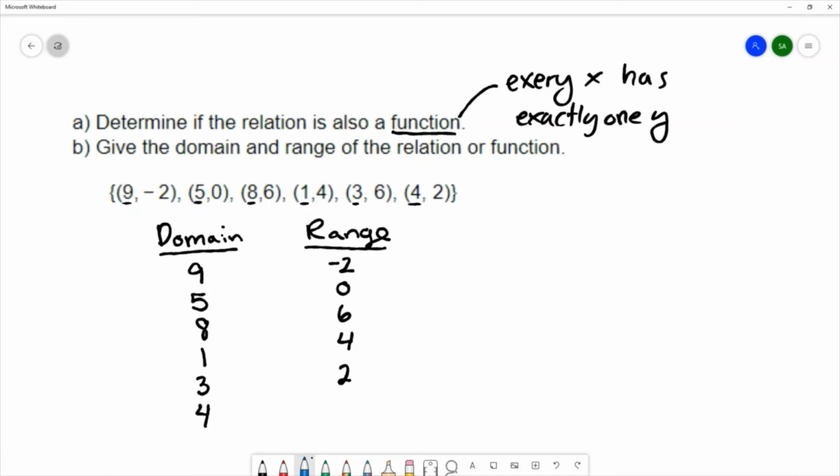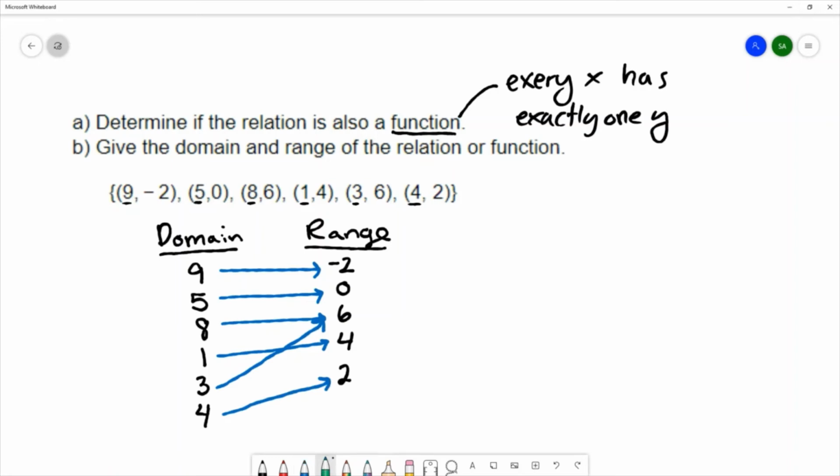So we have an ordered pair of 9, -2, so that corresponds. 5, 0, 8, 6, 1, 4, 3, 6, and 4, 2. If you're trying to determine if you have a function, you're going to focus only on the domain values, not the range values.